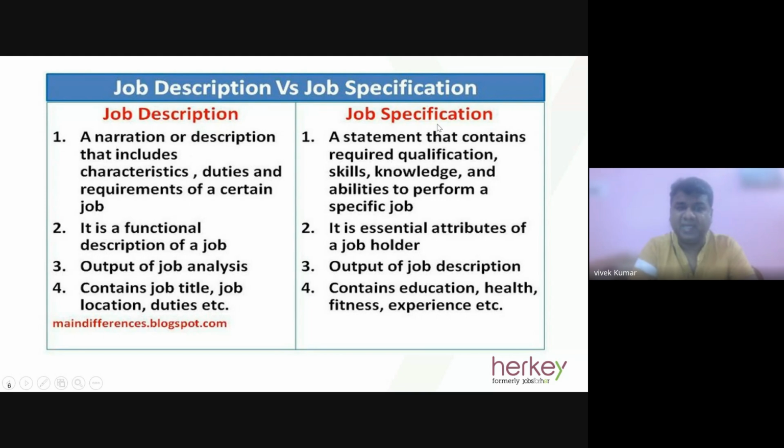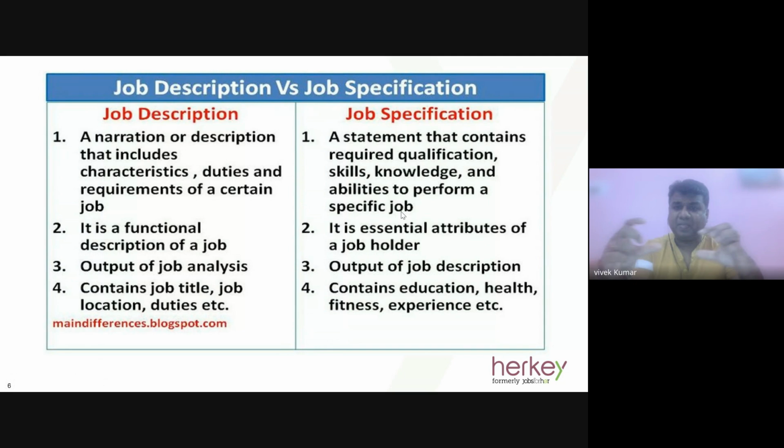Now, let's talk about the job specification. Normally, when you look at the job description, they are mostly written in bullet points. Okay, and they'll have multiple things listed over there. Now, a job specification is something like a statement that contains the required qualifications, skills, knowledge, and abilities to perform a specific job. You can think of this as more like the detailing.